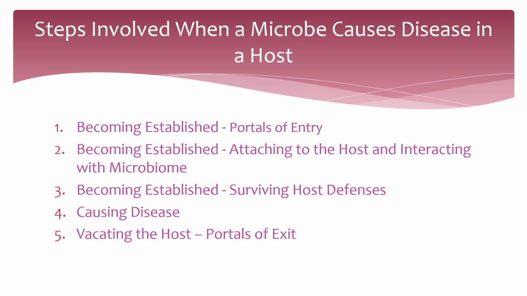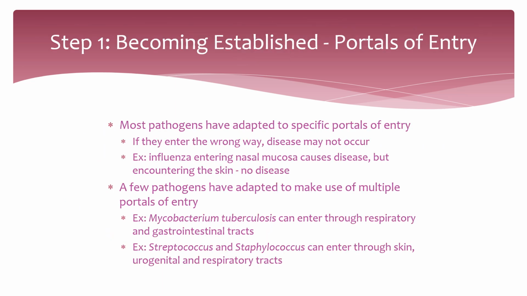So let's jump in. The first part about a microbe causing a disease in a host is going to be a portal of entry in order to establish itself inside of the host. So most pathogens are going to have only one way that it will get into a host, one portal of entry.